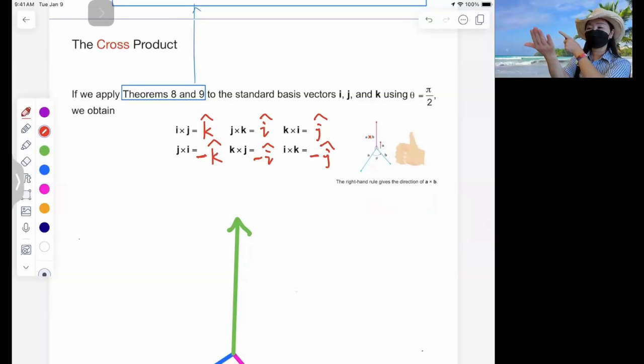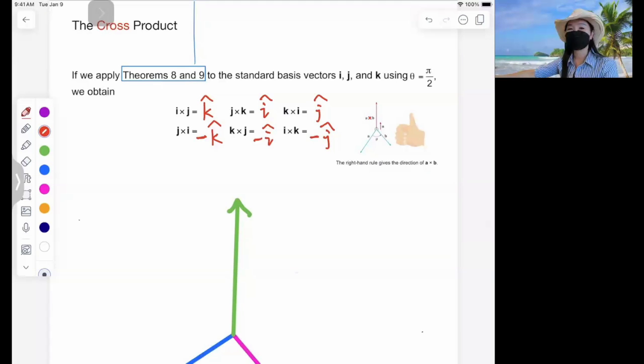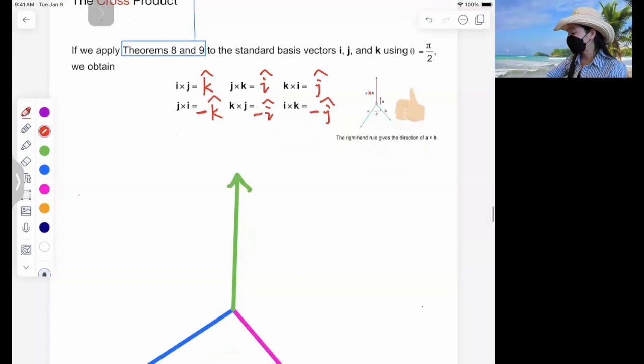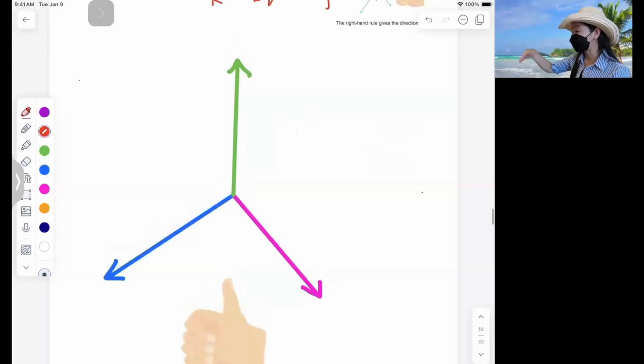So you go up. Then this will be negative J. So I cross K is negative J. If it's difficult, you can switch them and then put a minus sign in front. This is the right hand rule, okay? So think about I and K and J, play with it. Use your right hand. It's a good exercise.